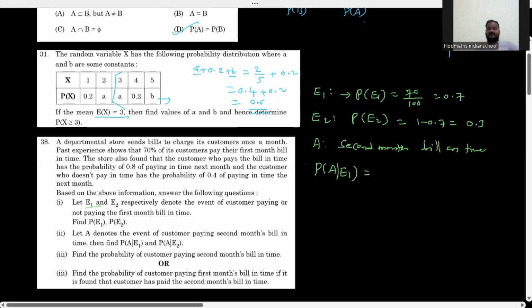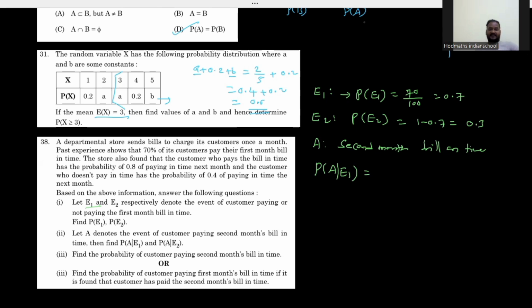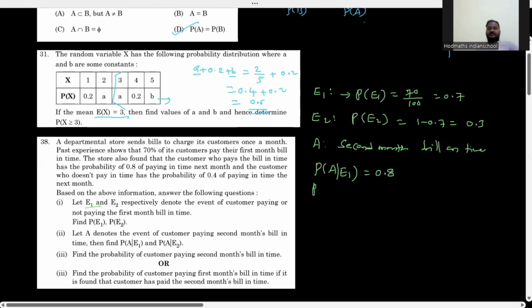That is P of A given E1. I think it was given clearly. The store also found that a customer who pays the bill in time has a probability of 0.8 of paying the next month bill, right? So it is going to be 0.8. And what is the probability of A given E2? That information is also given, which is going to be 0.4.